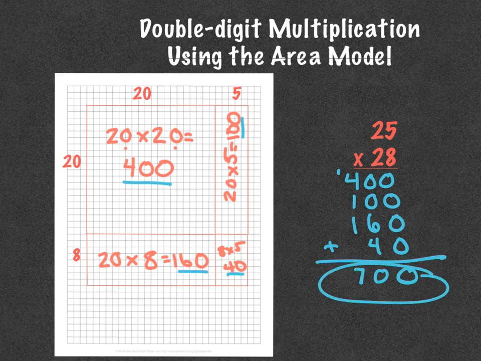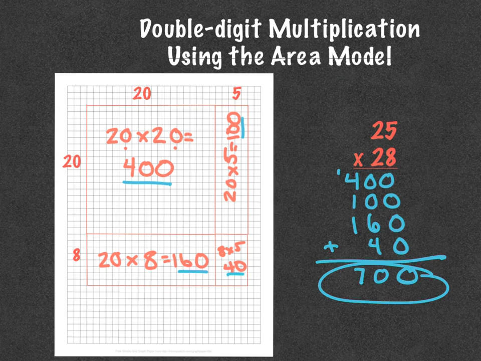So 700. And if we were to count all of these squares in here, all of these would equal 700. So that is the reason that the area model works, because all of the little squares in the grid within that square, the 25 by 28, would actually equal 700.